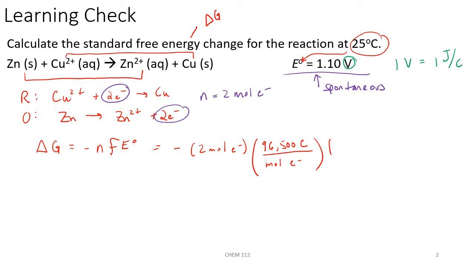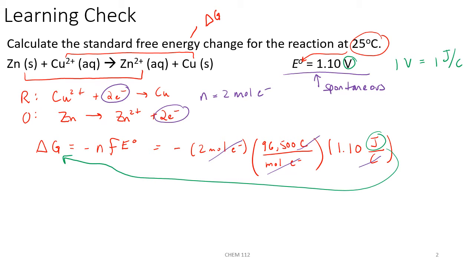So for our E cell, we've got 1.10 joules per coulomb. So our moles of electrons cancel, our coulombs cancel, and we're left with units of joules for our delta G, which is energy. So that's good. All of our units work out.